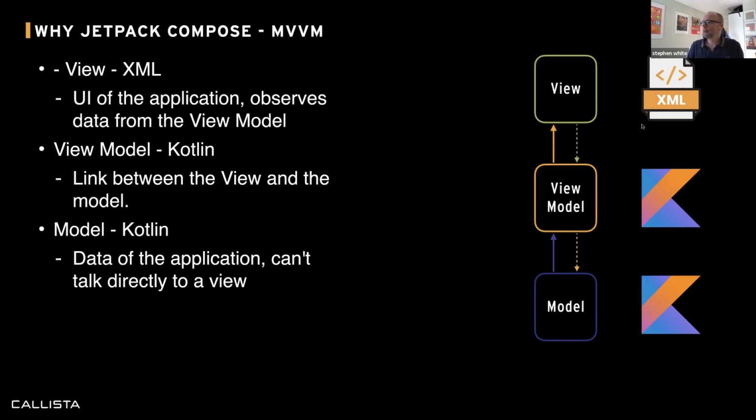So at the top, you have your view, which is normally in some kind of XML, which you could say is declarative, but it's in XML. And then this observes data from the view model. Basically each view would have a corresponding view model, which would be in Kotlin or Java. And this is the link between the view and the model.